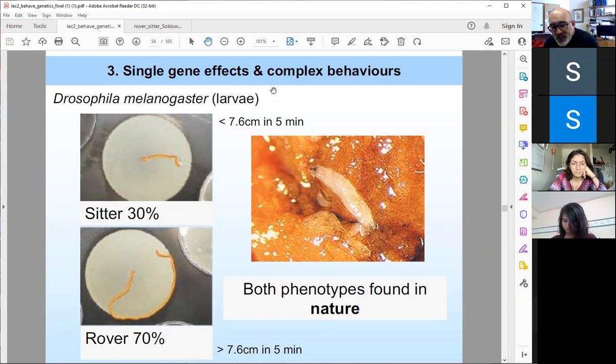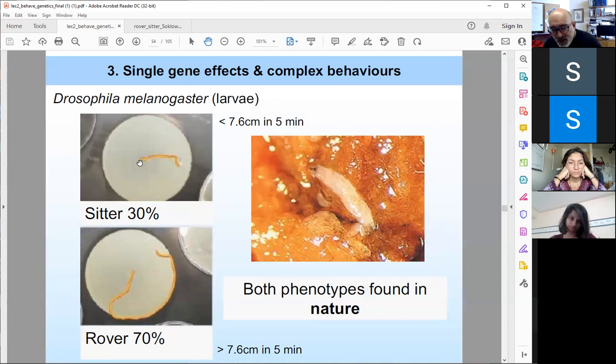They have two different behavioral phenotypes that occur only in the presence of food. The first is called sitter, and this is the path that the maggot, this larva, may follow on an agar plate. This is a circular plate that has agar, which is like a gelatin that they sit on, and it's the same with the rover.